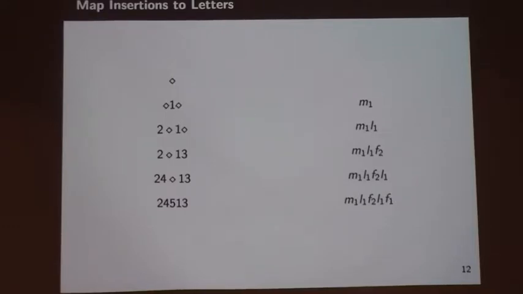In this way, I can encode my permutation as this string of insertions. There's a one-to-one mapping between permutations and strings of insertions. The insight behind this technique is that sometimes it's actually more useful to look at this string and what properties it has than it is to look directly at the permutation.